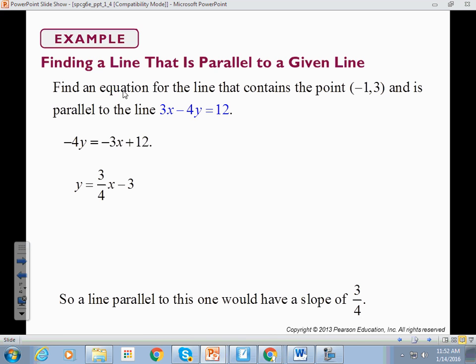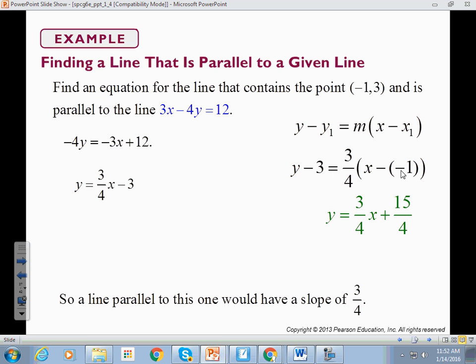So the slope of the line we care about is going to be 3/4. It's going to go right here. We're going to plug in the point: 3 is going to go in for y1, and -1 is going to go in for x1. We simplify that down, and in slope-intercept form, we get 3/4 x plus 15/4.